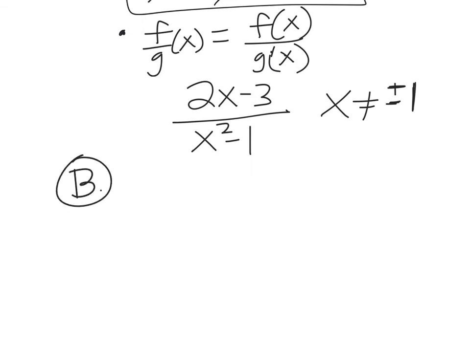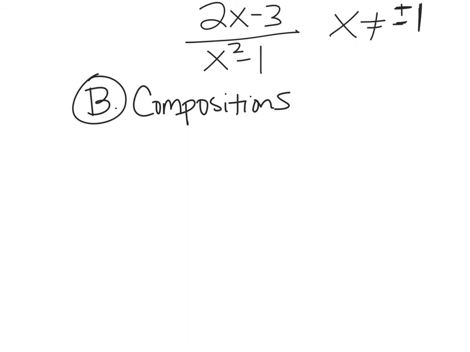All right, part B. Now we're going to do some compositions. We're going to do functions inside of functions. You're going to recognize this as soon as you see it, because you've done this before, and you may not have liked it. Or you may have liked it. I don't know. But it looks like this: f of g of x.